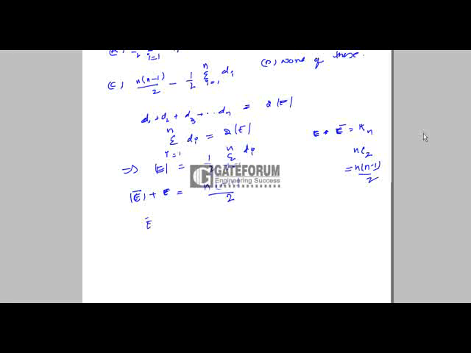So we want E bar, which is number of edges in G bar, is equal to n into n minus 1 by 2 minus number of edges in the graph, and number of edges in the graph is given by half into sigma i equal to 1 to n di. So this will become n into n minus 1 by 2 minus 1 by 2 into sigma i equal to 1 to n di. So here correct option is option C.